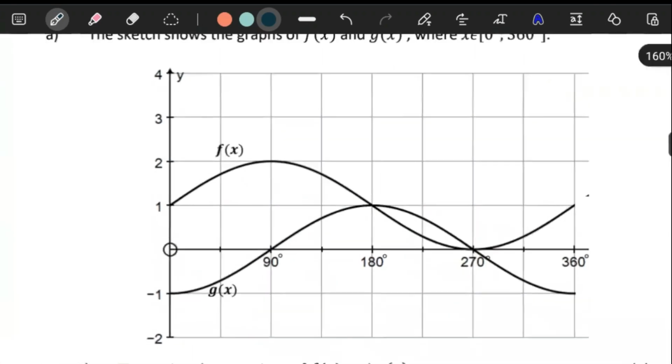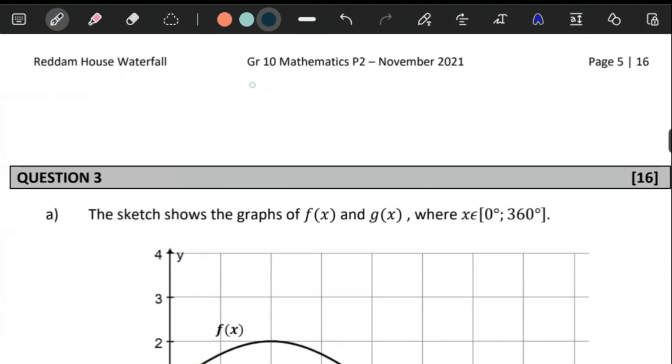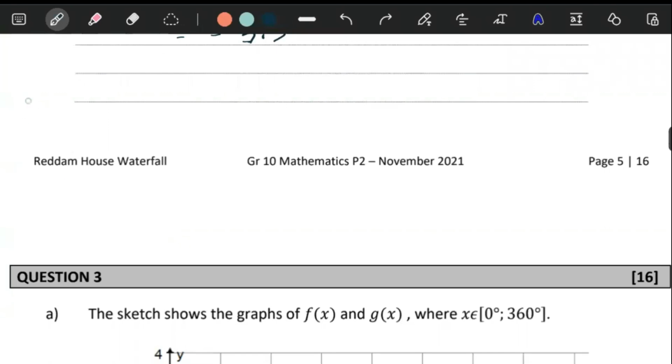Now the idea is you have to know the theory behind your sine graph and your cos graph. With your sine or cos graph, the format of your equation is y is equal to a sine(bx minus p) plus q.